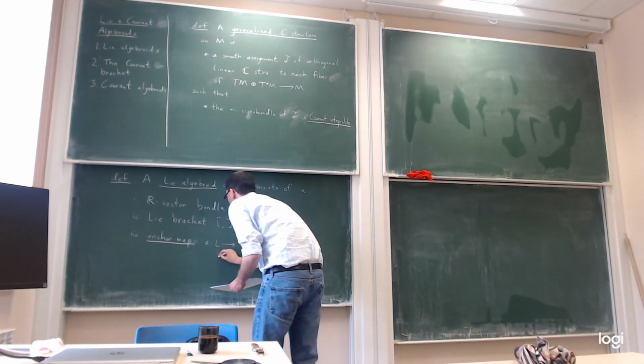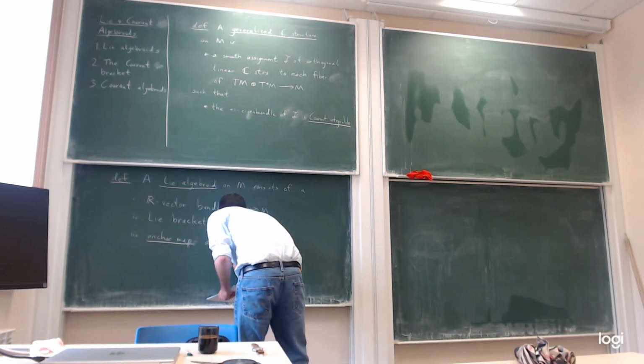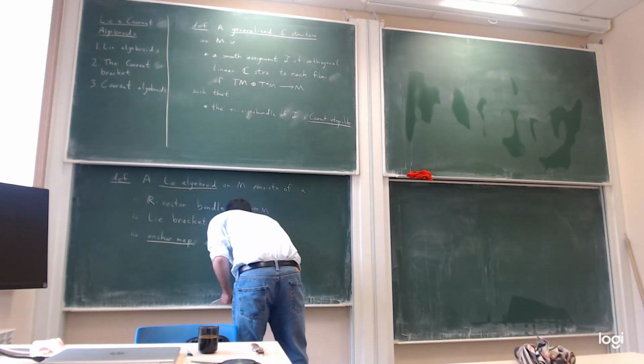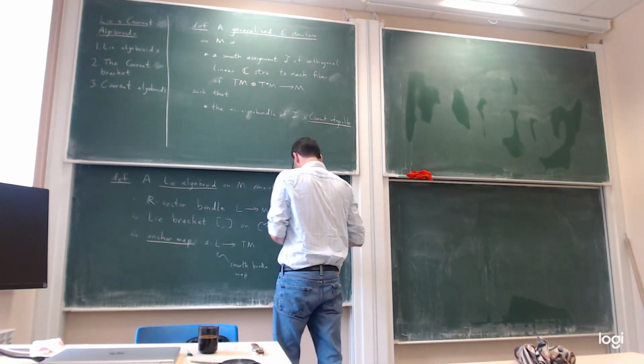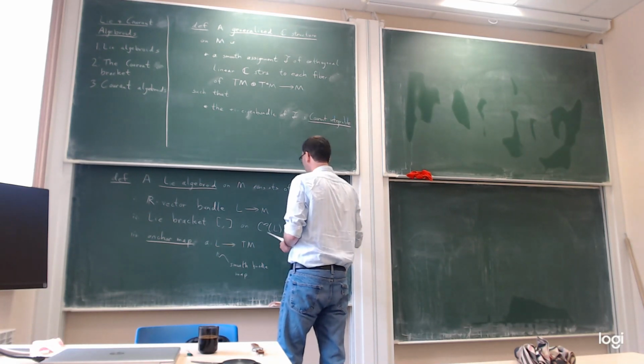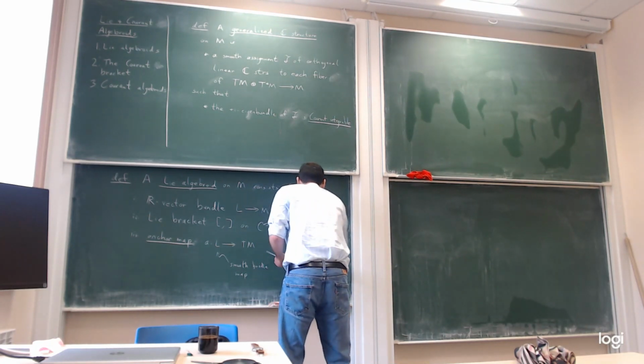So, a smooth bundle map. And then we had a picture for this.